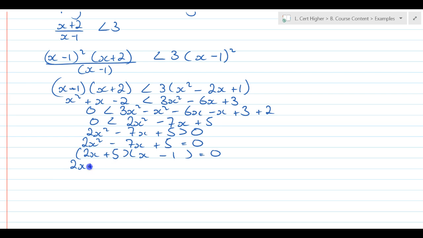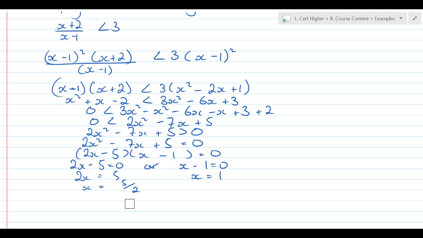So 2x add 5 equals 0, or x subtract 1 equals 0. That gives me 2x equals minus 5, so x equals minus 5 halves. Or x minus 1 equals 0, therefore x equals 1. Sorry, it's minus 5 and minus 1, isn't it? My apologies, wrong signs. So that would give me a positive 5 halves and positive 1. So I have my two solutions now.